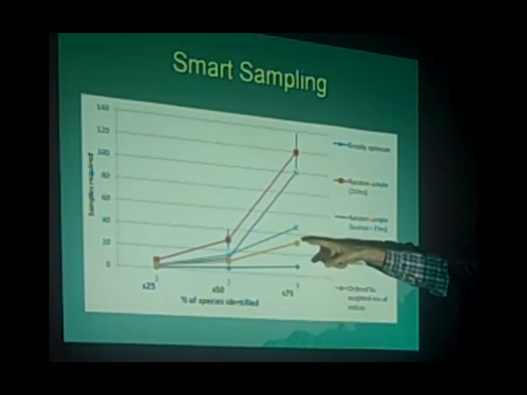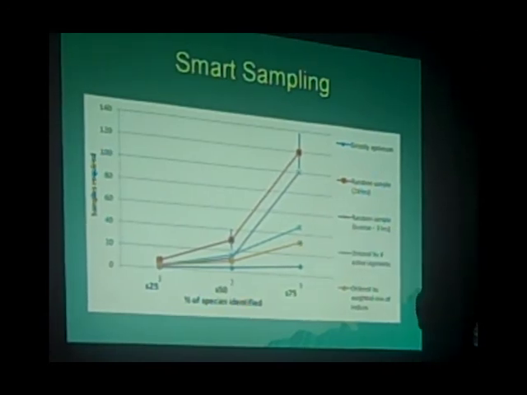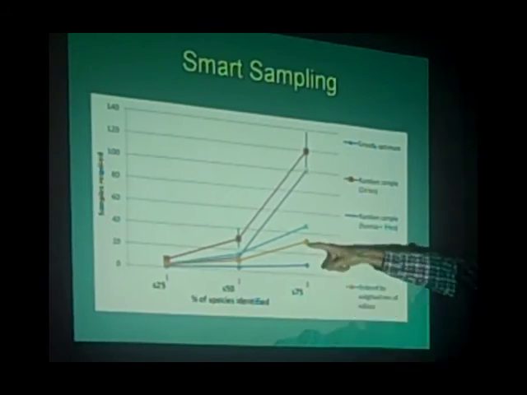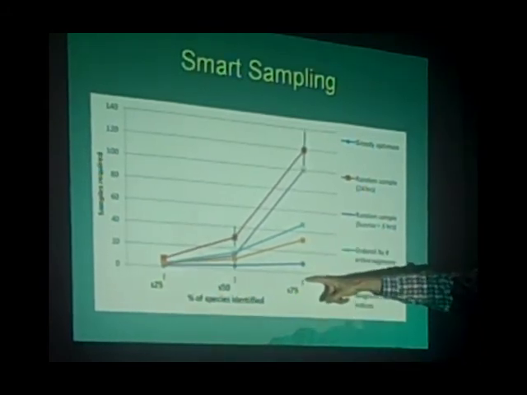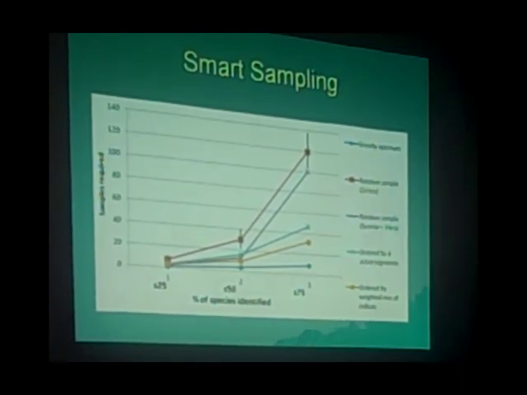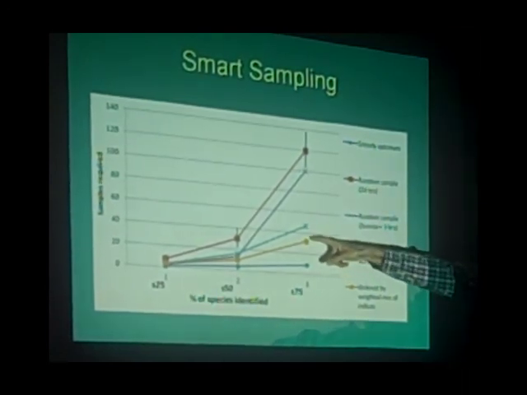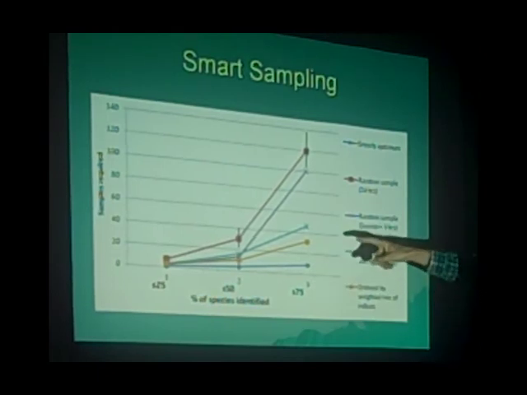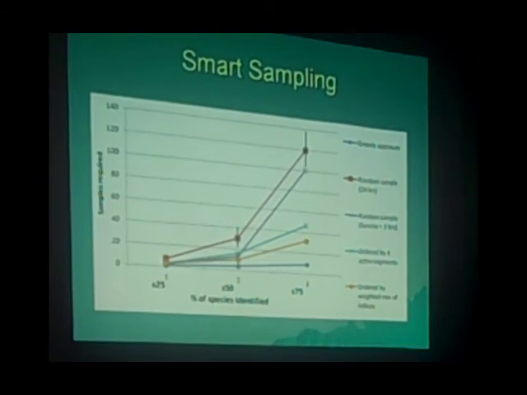That's half an hour's work. Well, sorry, it's listening to them. If you take 30 samples, of course you've got to listen to them all. Okay, so let's put it this way: with smart sampling, you only need to listen to half an hour of recordings in order to get 75% of the species present.